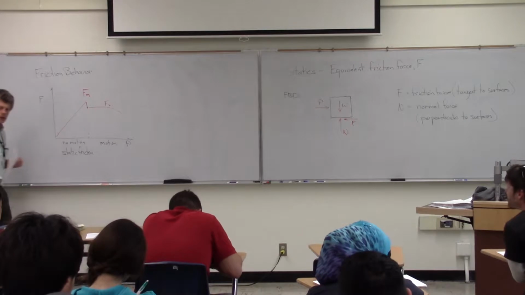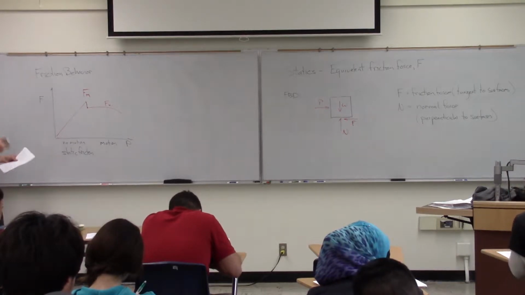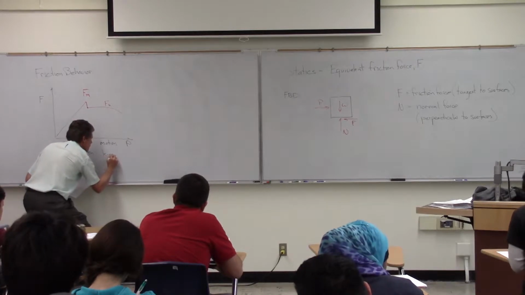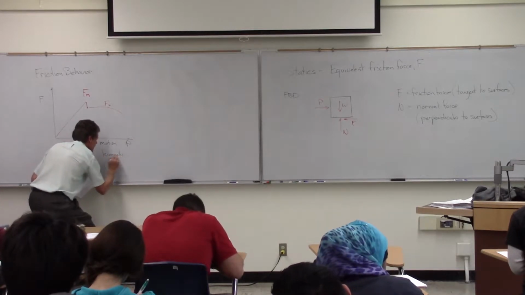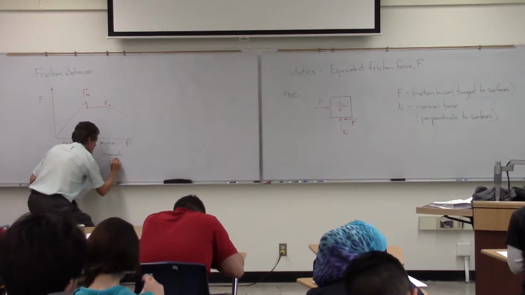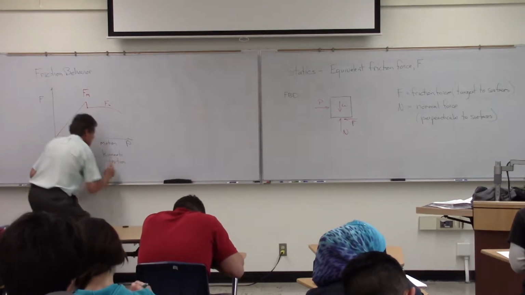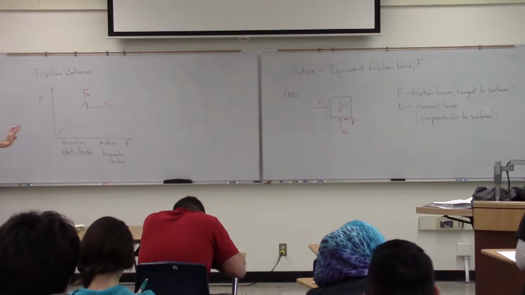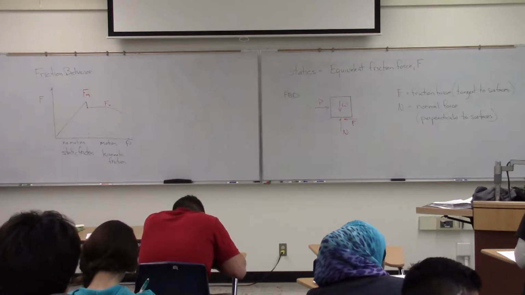In this section here, once it gets past that bump, we start having motion. But there's still some friction force that we have to overcome to keep it moving at a constant velocity.